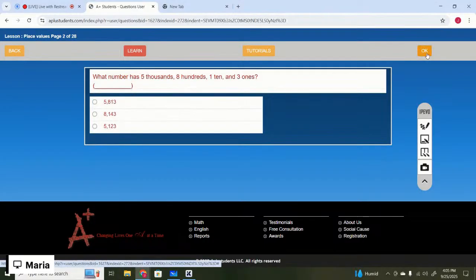What number has 5,000s, 800, 10, and 3 ones?